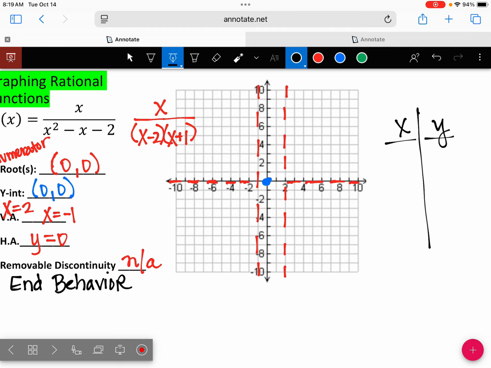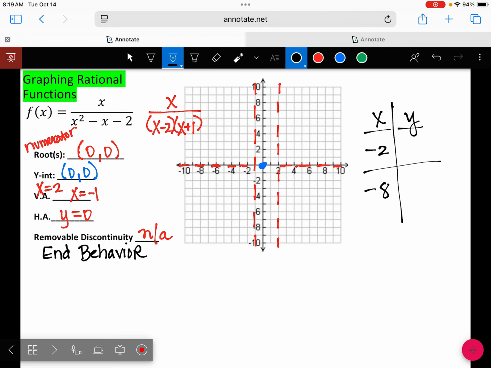All right, so first thing I would do is pick some numbers over here. So I'm going to go with -2, and then I'm going to pick something further away. So let's do -2 and -8. So go ahead and pick up your calculators. Type that in. So when you type it in, you're going to have -2 divided by -2 squared minus -2 minus 2.